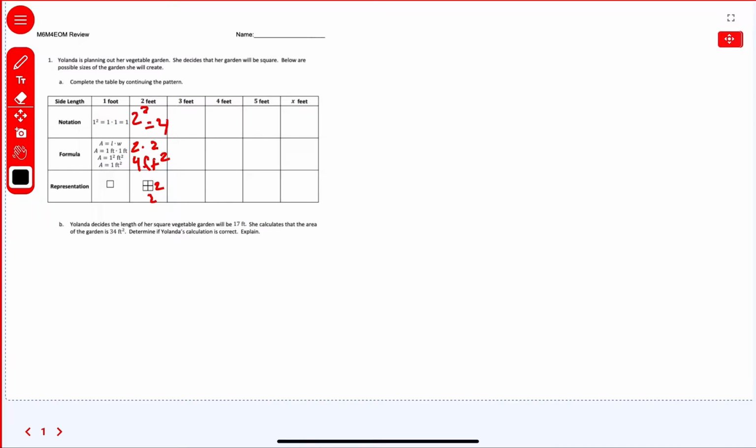Okay. So 3 would be 3 squared, which is equal to 9. Because 3 times 3 is 9 feet squared. So we would have, that's not a good square there, for sure.